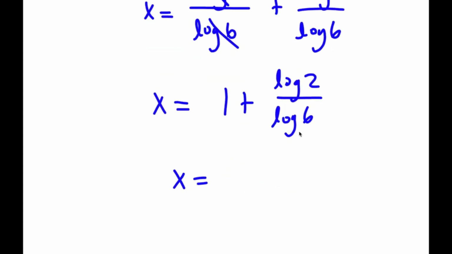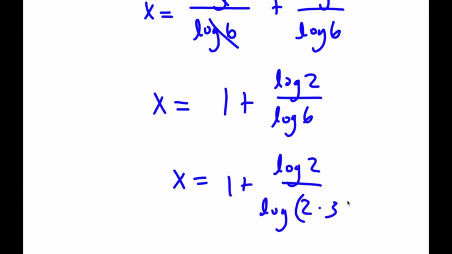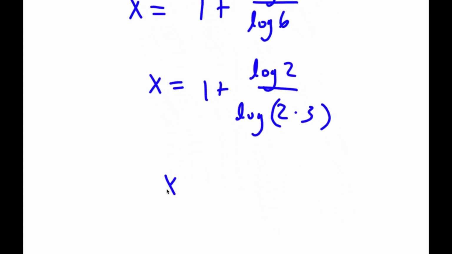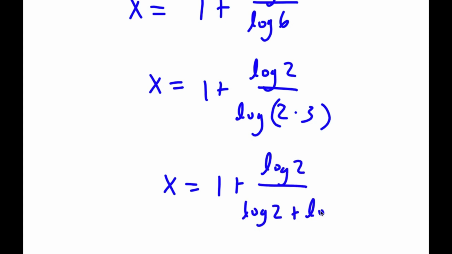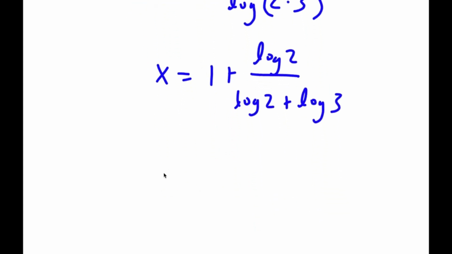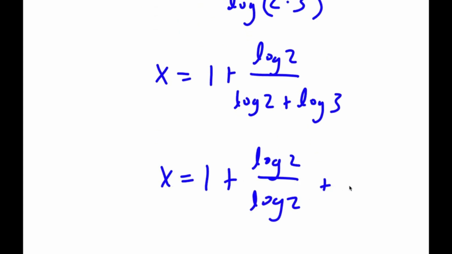And log 6 over here, I can write as log 2 times 3. And I'm going to do the same thing again. I'm going to rewrite this as log 2 over log 2 plus log 3. And again, if I expand it, I get 1 plus log 2 over log 2 plus log 2 over log 3.